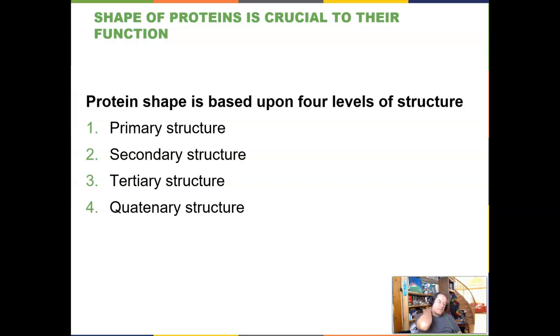Proteins, this is stuff students routinely get wrong and fail on tests, so please pay close attention to this bit. Every protein is a protein because it's taken on its proper shape, and the shape is the result of a series of levels of organization. The primary structure is simply the sequence of amino acids. That's what comes out of a ribosome as a protein is being synthesized. You make a polypeptide.